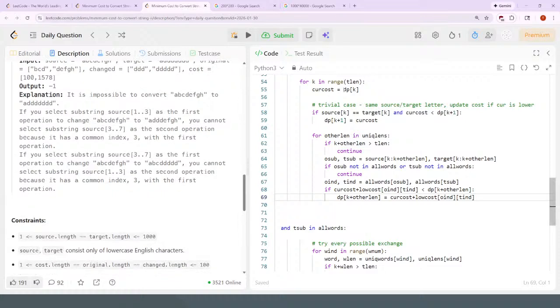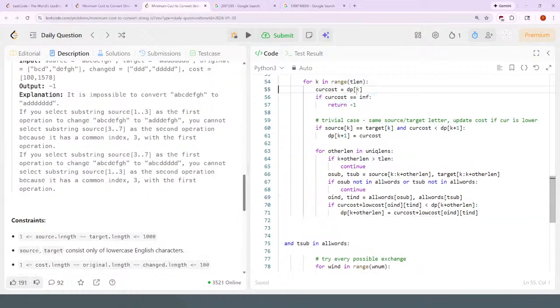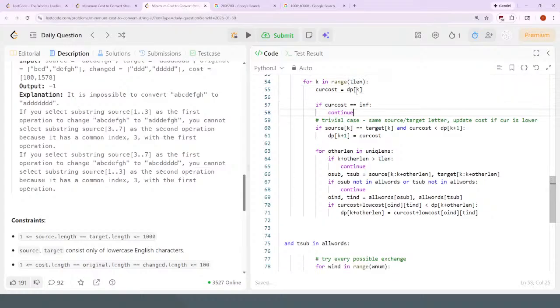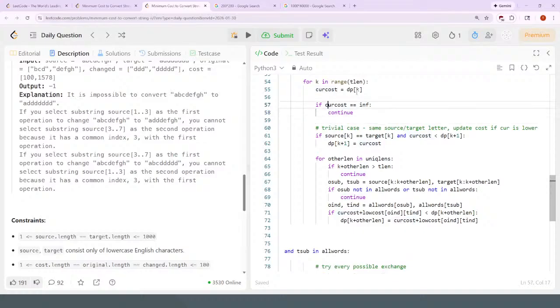Oh, I know. It's actually just if the current cost is infinity, then skip it, then move on to the next one. It's probably fine. And then I'll eventually hit something that's not infinity, hopefully.